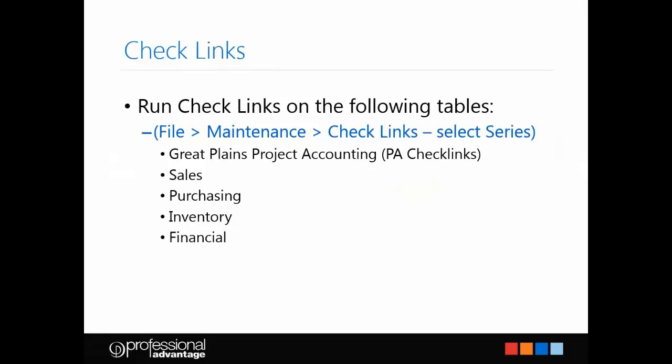Otherwise, we need to do check links against your sales series, purchasing series, inventory series if you use that module, and financial series. So basically, for all the modules you're using, we recommend you do a check links before the year-end process.